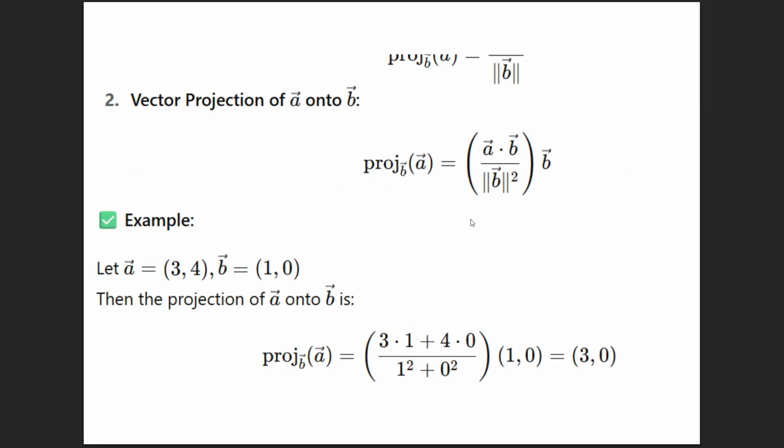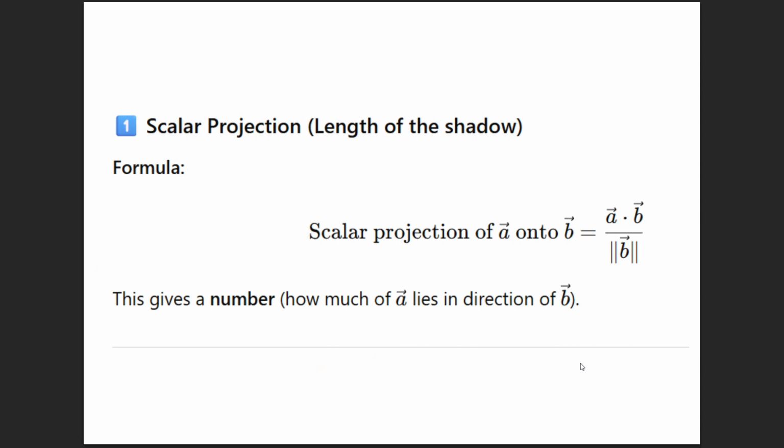Okay, for example, we apply the values. Suppose A is (3, 4) and B is (1, 0). Then the dot product is applied in the above part, and below is the formula of b with the value (1, 0) applied, and the final value is (3, 0).